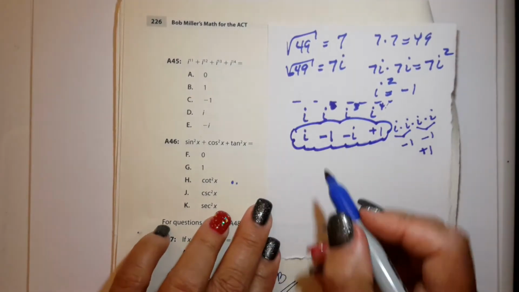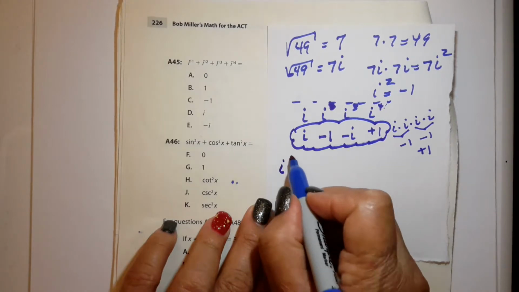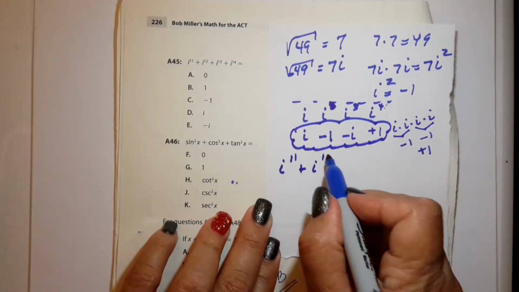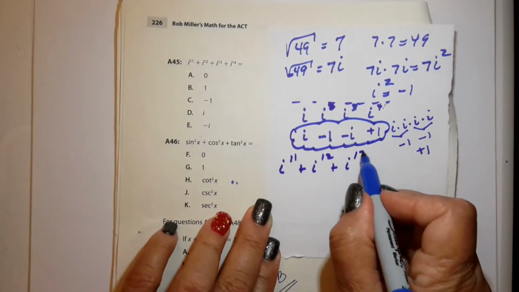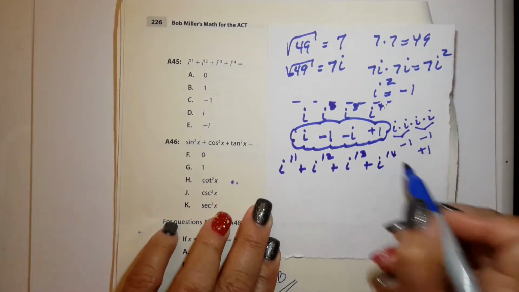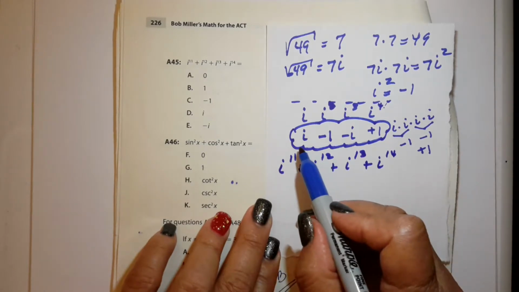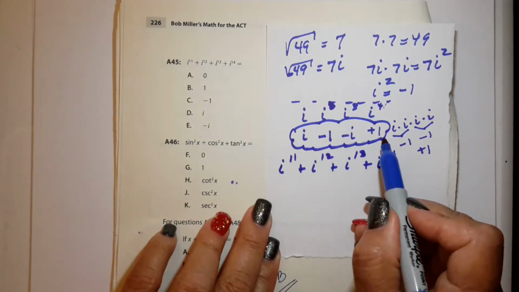Look at this problem. They're asking you to find i to the 11th power plus i to the 12th power plus i to the 13th power plus i to the 14th power. So the way that I do this, I look at the exponent and I try to find where that is in the cycle of i, negative 1, negative i, 1.